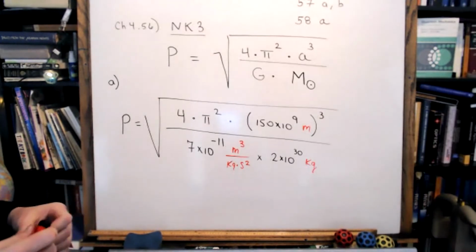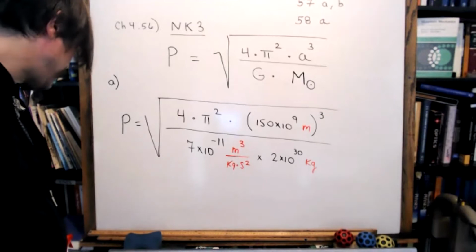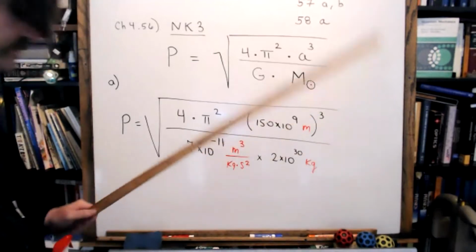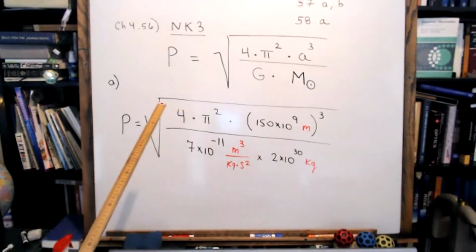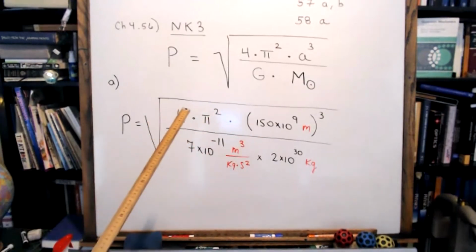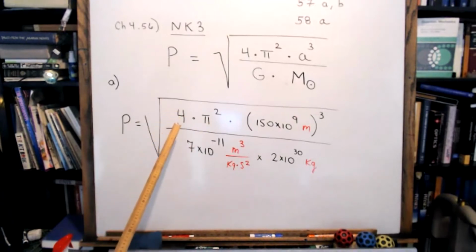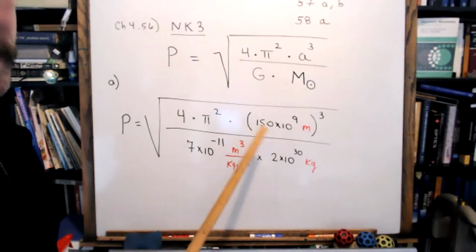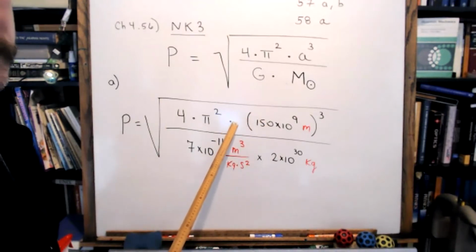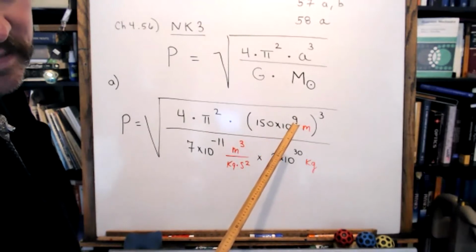All right. Punching this in is going to be an adventure, so let's talk strategies. When we punch, we're going to punch together in just a minute, but I want you to listen to my logic. I'm going to do 4 times pi squared times, I'm not going to use any parentheses, times 150 exp9.